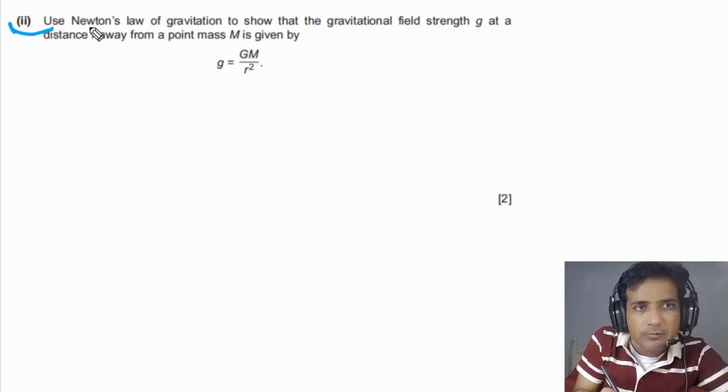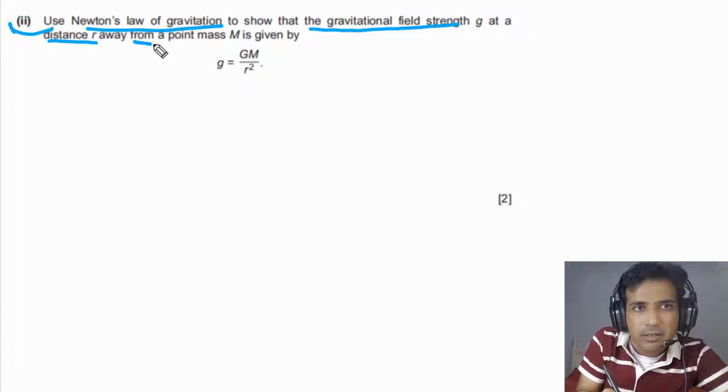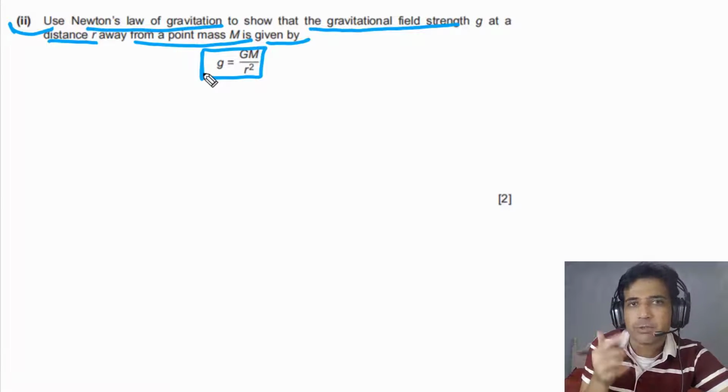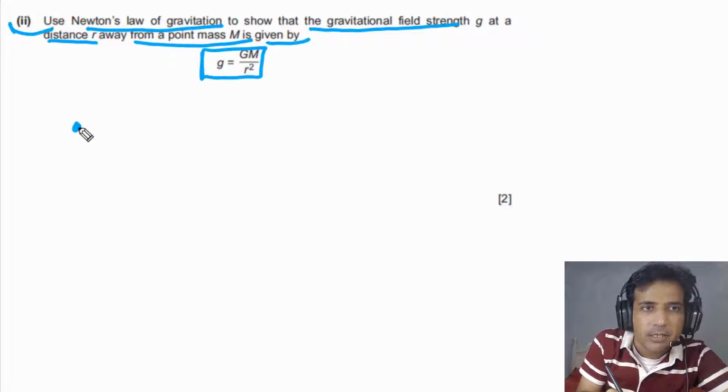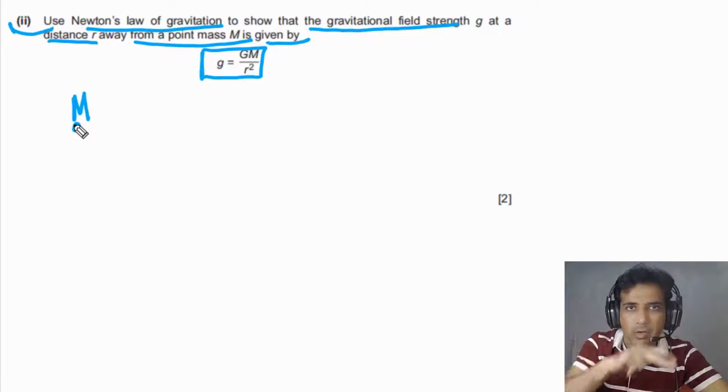For the second part, we need to use Newton's law of gravitation, and we need to show that gravitational field g at a distance r away from a point mass capital M is given by this equation. So first of all, let's try to imagine what is given to us. Imagine that we have a point mass capital M here, and this mass has a gravitational field around itself.